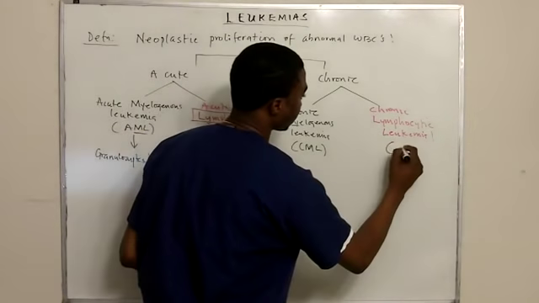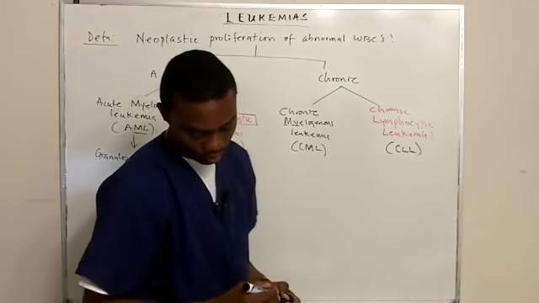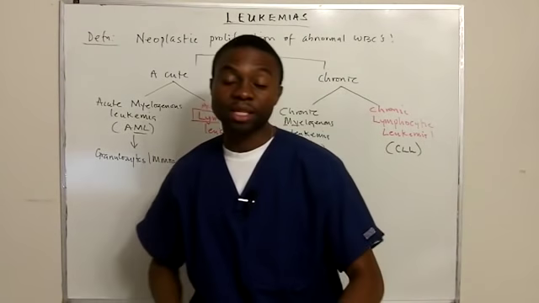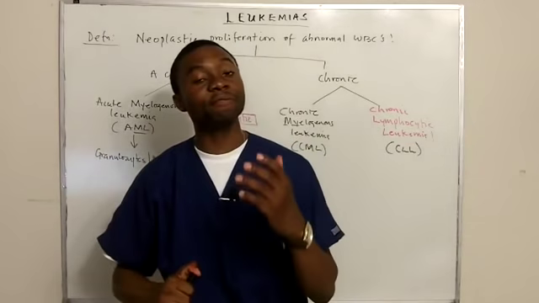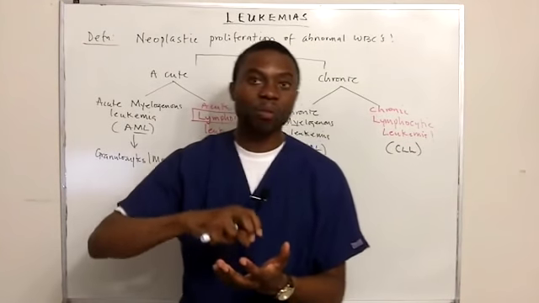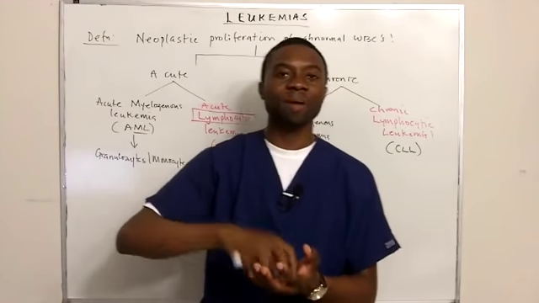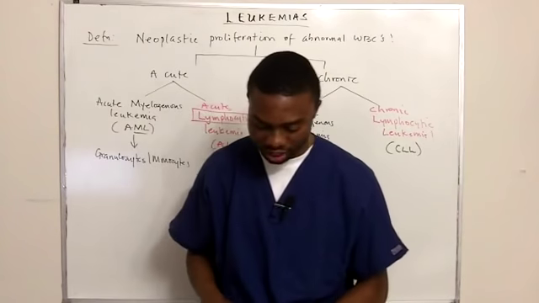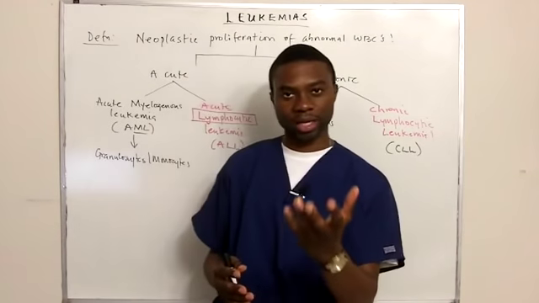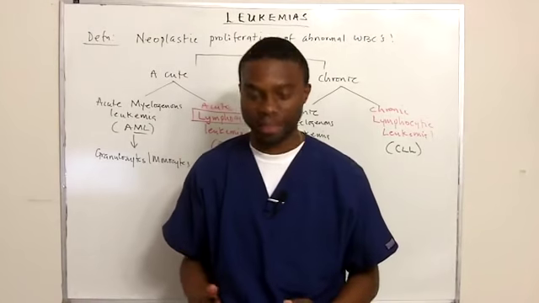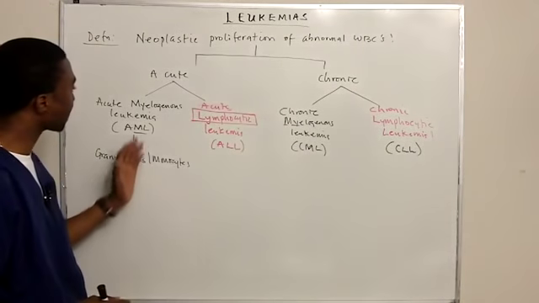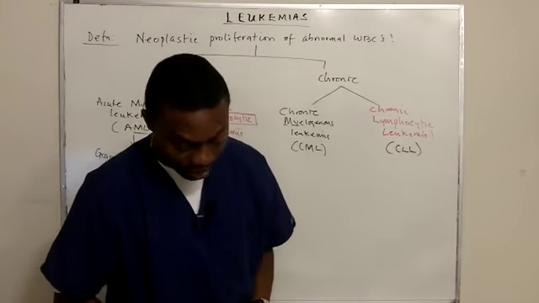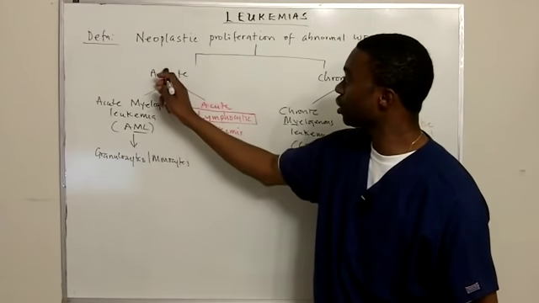Now, the maturity of these cell lines is often affected, because once they become cancerous, we cannot make normal white blood cells anymore, and it can also tell us the rapid progression of the disease. So let's take a look at acute leukemias.